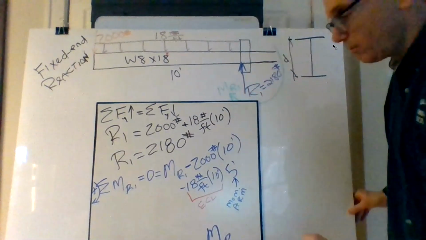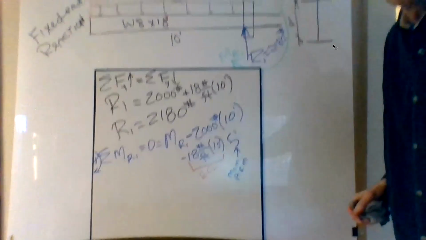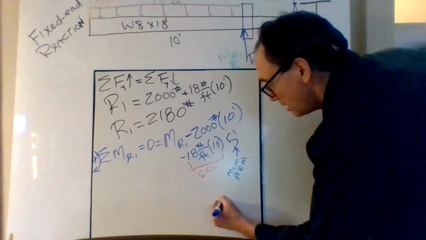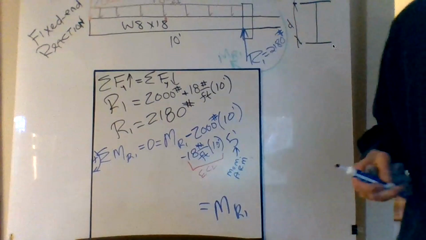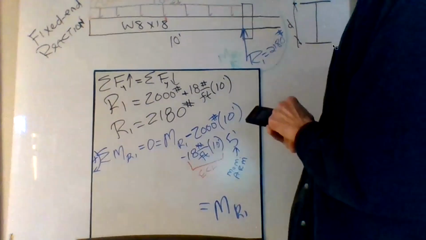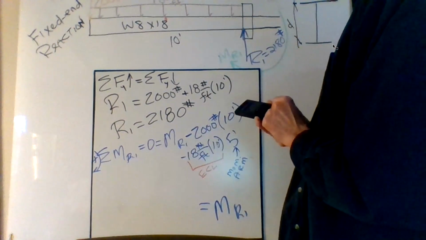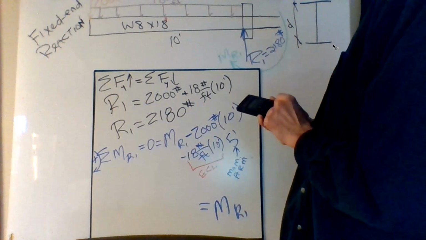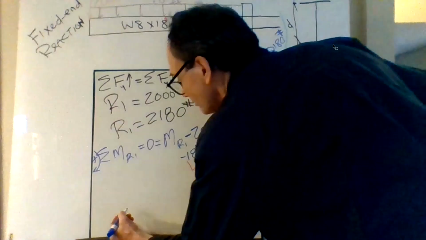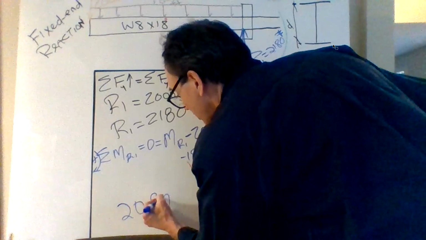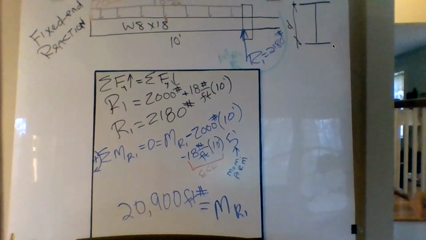And so MR1, the moment at R1, oops, can you see that? Maybe not. The moment at R1 is 20,900. So that's 2,000 times 10, plus 18 times 50, which is 20,900 foot-pounds.